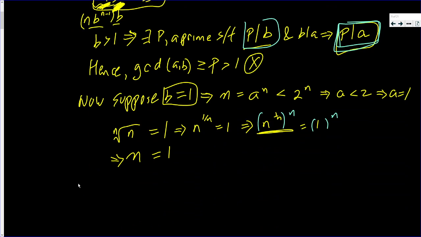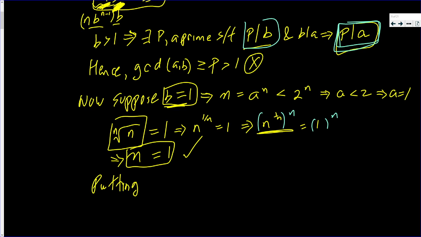What I showed was if b is 1, the only way that this is rational is when n is 1. So that's good. That is, I did not show it's rational for n bigger than or equal to 2.